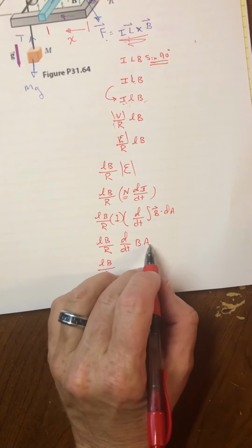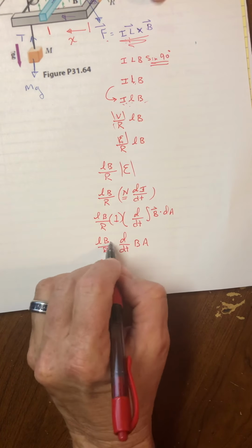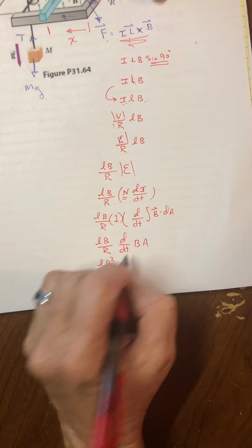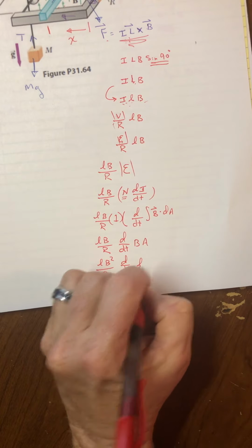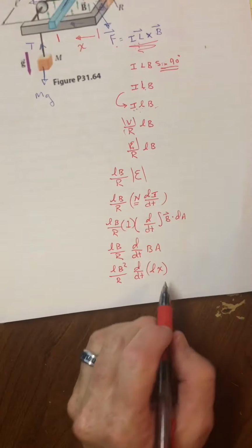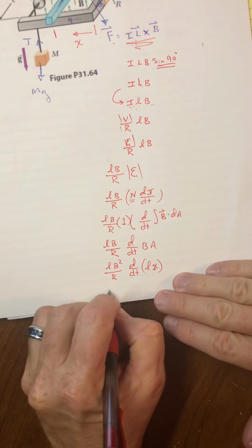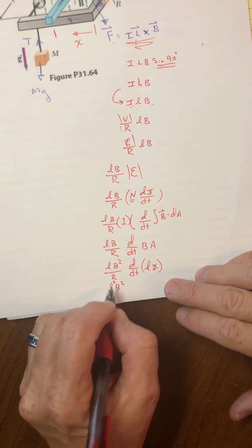And the area is changing, but not the magnetic field. So I'll pull that magnetic field in front of the derivative, and so I get a B. Then I got the derivative of the area. The area is made up of its length L and its width, what I've called X. And the one that's changing is the X. So I can then take that L and also pull it out.